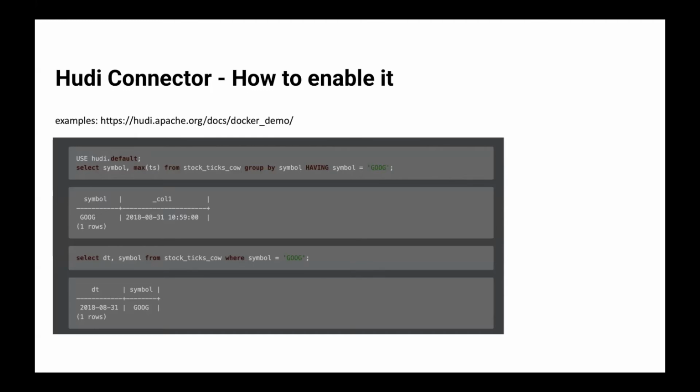This is an example. In this example we construct some test tables from the Hudi official website. And currently we can just set the catalog name to Hudi. Now we can query Hudi tables like regular Hive tables.